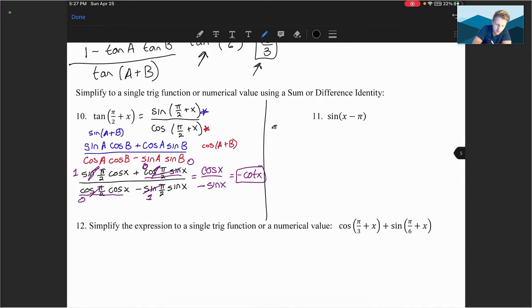So if I had a function sine A minus B, this general expression we can write as the sine of A, the cosine of B, minus the cosine of A, and then the sine of B.